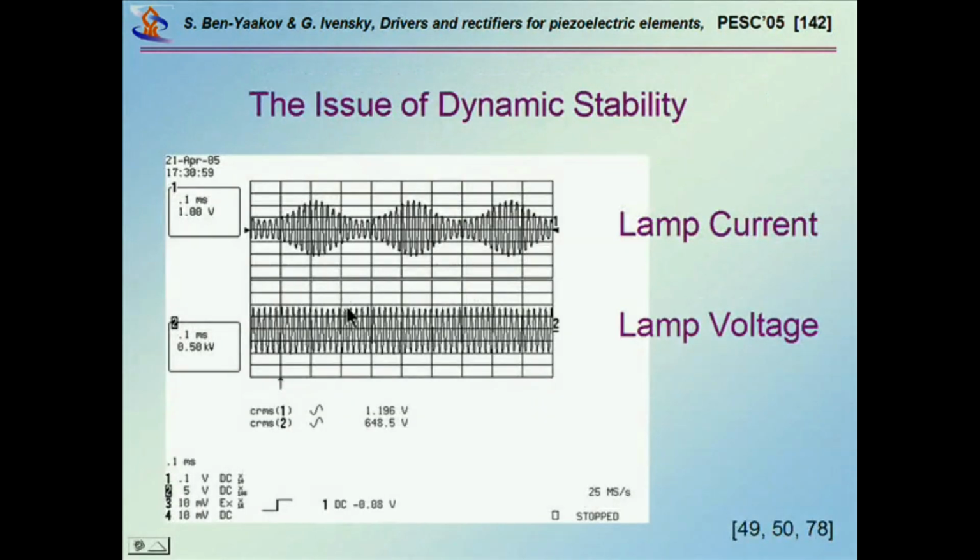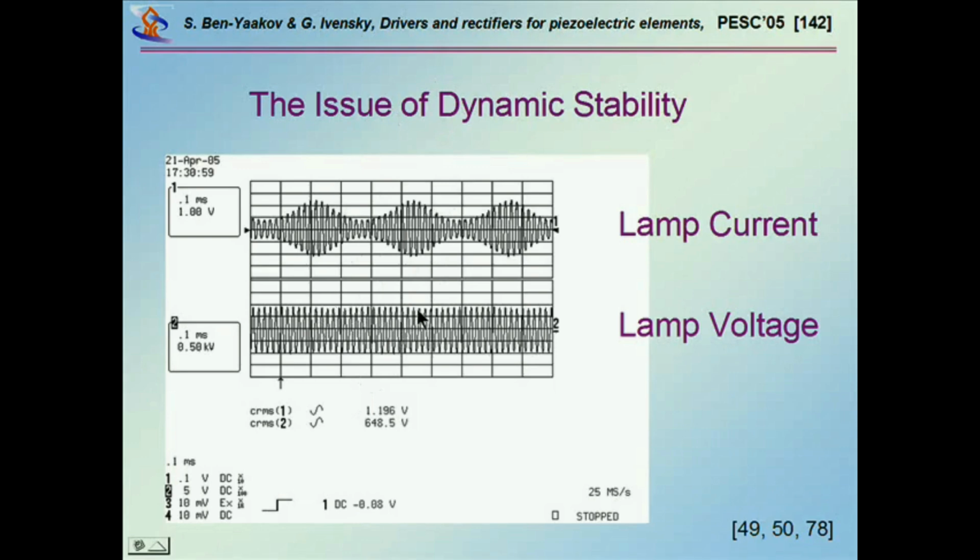Now, another issue which I'd like to address here is the problem of instabilities that you can run into. In some operating conditions, what you observe is that when you hook up a piezoelectric transformer to a cold cathode fluorescent lamp, you start having oscillation. It's not stable. It is oscillating. This will be the current, and this will be the voltage.